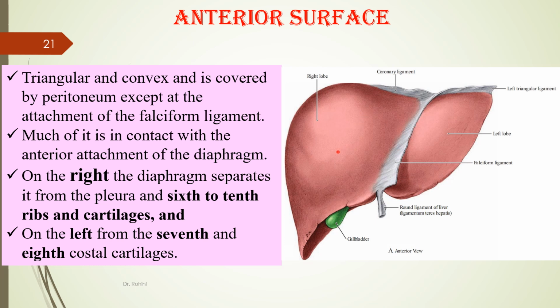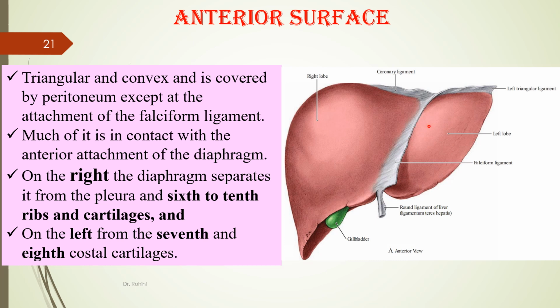Now this anterior surface actually consists of a broad right part, a narrow left part, and an intermediate triangular area. This right part lies beneath the right costal margin and is related with the diaphragm, the 6th to 10th ribs of the right side, and the lower margins of the right lung and pleura.